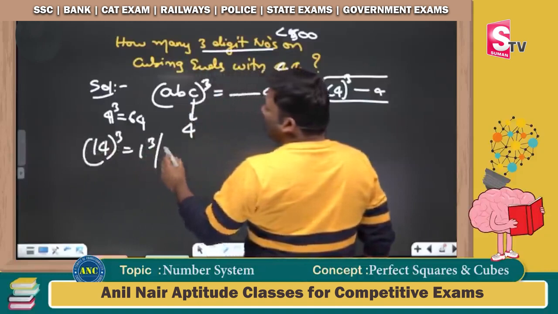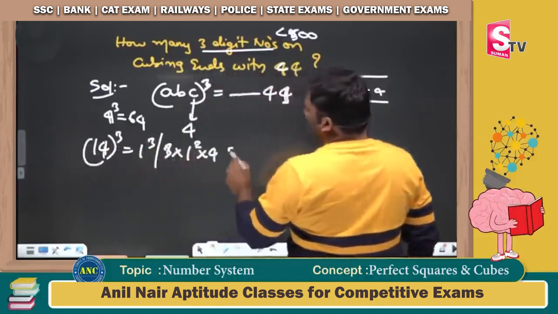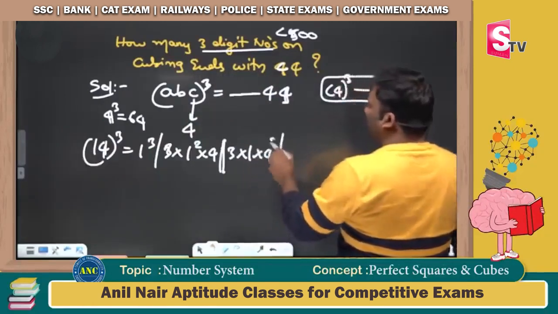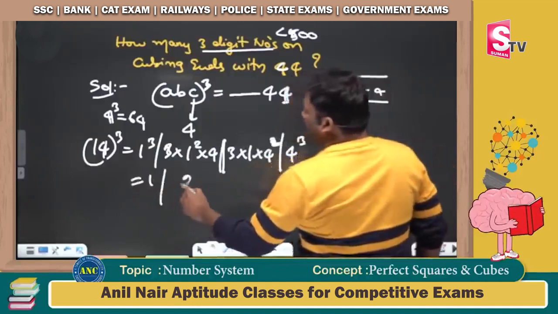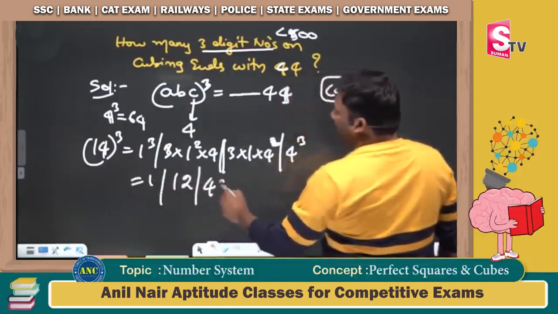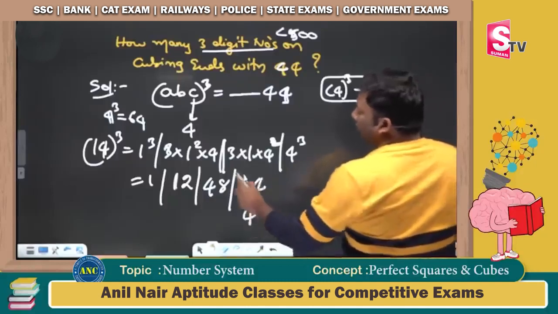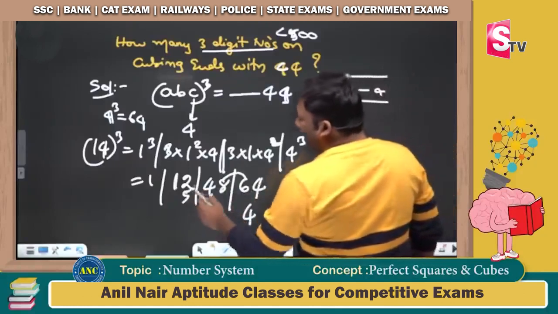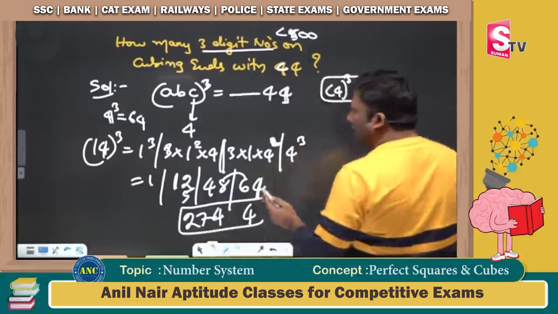That is exactly the reason I discussed a cube, 3a square b, 3ab square, and b cube. 4 cubed is 64, 4 carried 6; 3 fours are 12, 16 threes are 48, plus 6 is 54, 5 carried, 17, 2744. I got 44 at the end.